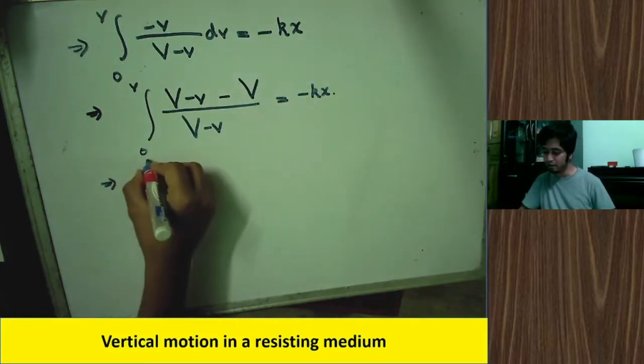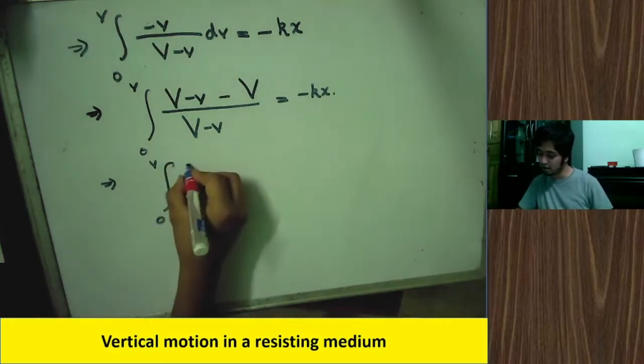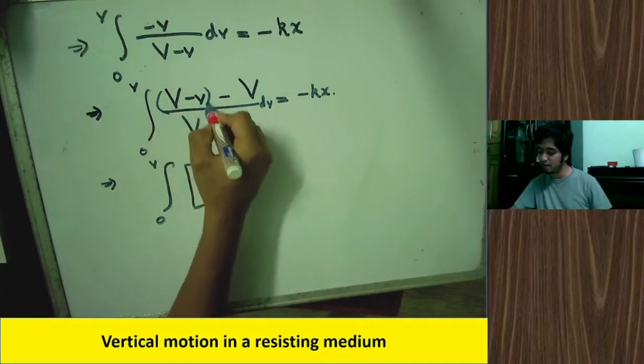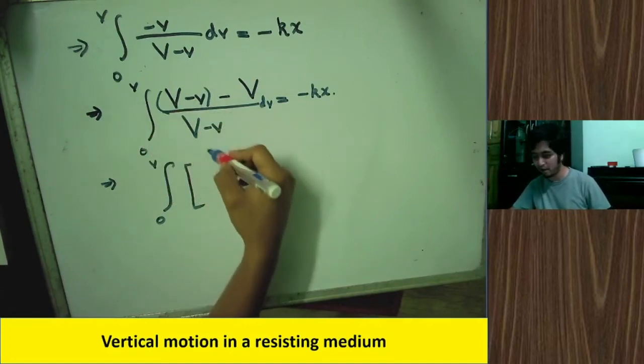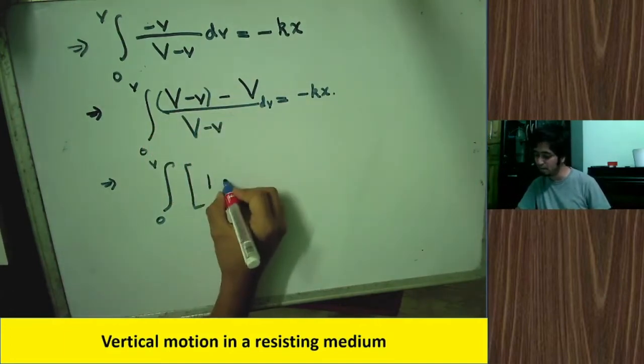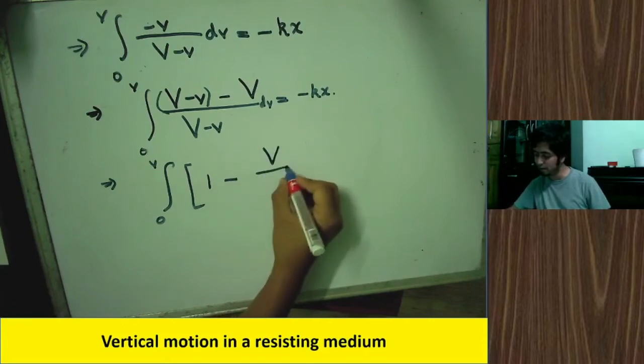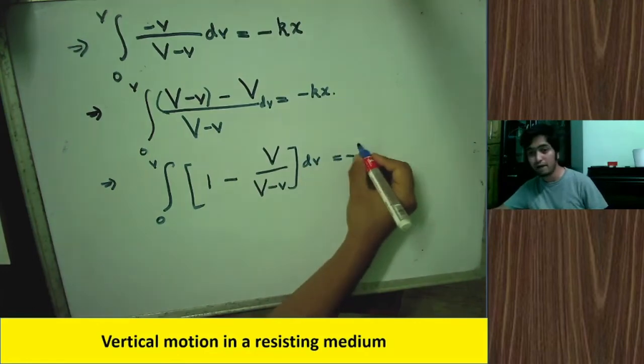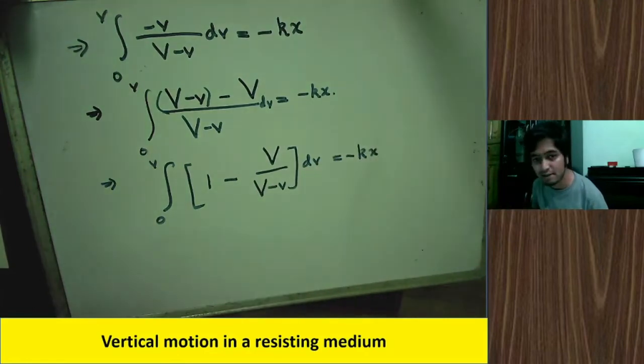Now what I do once I reach this stage is I will split the integral. V minus v, take it as 1, divided by V minus v, you will get 1 upon capital V, V minus v dv. So you'll have something like this.